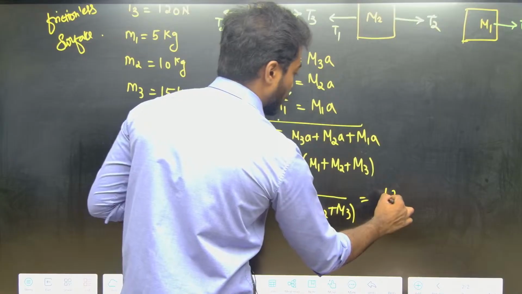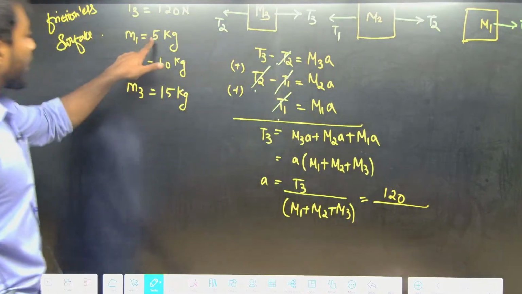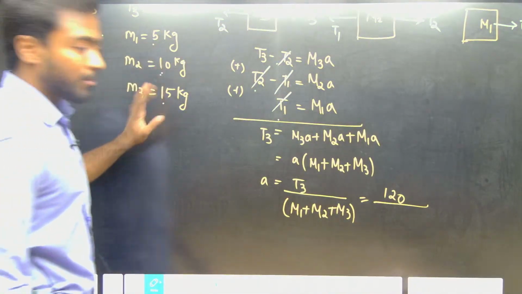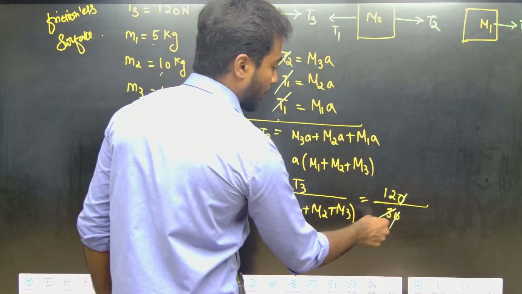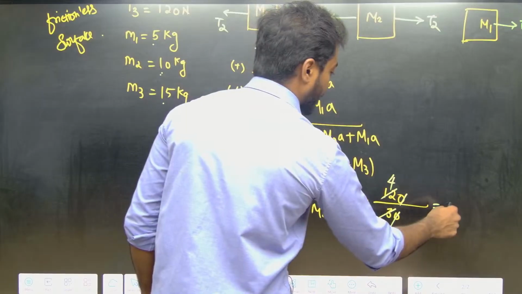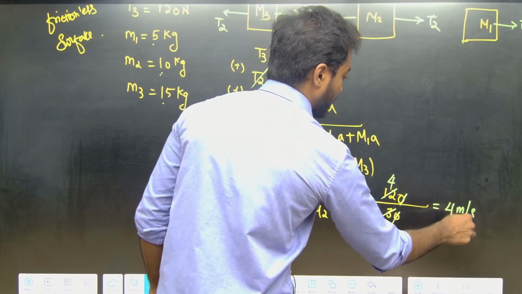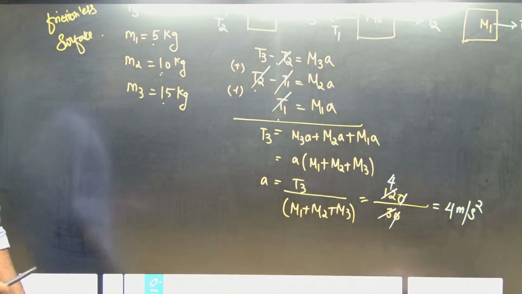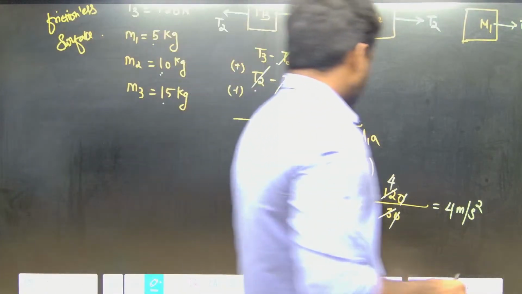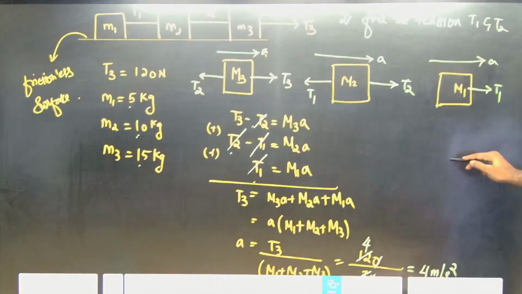How much have they given T3? 120 Newton. So 120 divided by 5 plus 10, 15, 15 plus 15, 30. So the 0 and 0 will get cancelled off, 1 times and 4 times. So the answer is 4 meter per second square for the acceleration. Got it? If you are having any doubt, you can ask me.